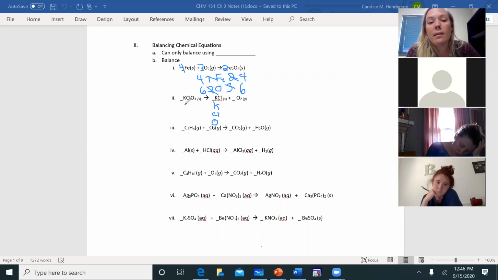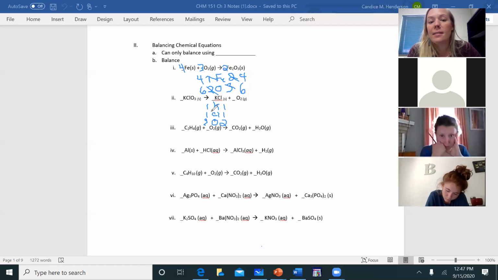On the left-hand side, I'm going to count out how many Ks I have. In this case, I only have 1 K. I have 1 Cl, and I have 3 oxygens, because remember the subscript is talking about the letter in front of it. On the right-hand side, I have 1 K, I have 1 Cl, and I have 2 oxygens.